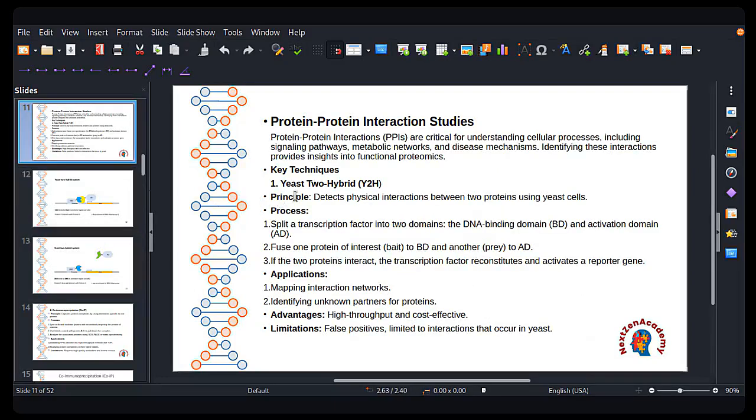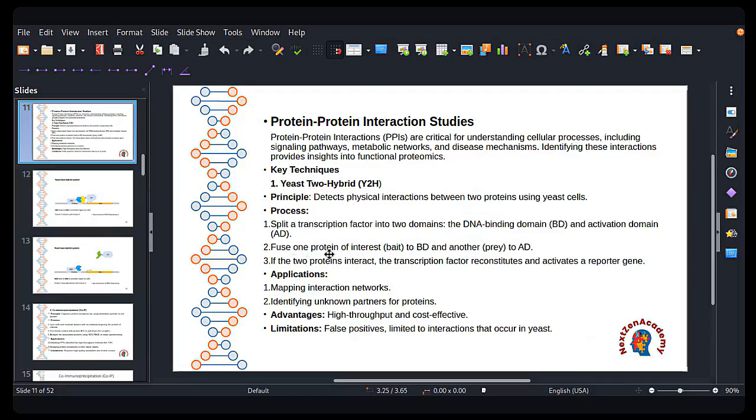So let's start it from the start. The yeast two-hybrid system. The principle of this technique is it detects the physical interaction between two proteins using yeast cells. Okay, the process is to split a transcription factor into two domains. हमने दो domains में divide कर लिया. One is DNA binding domain. The second one is activation domain.